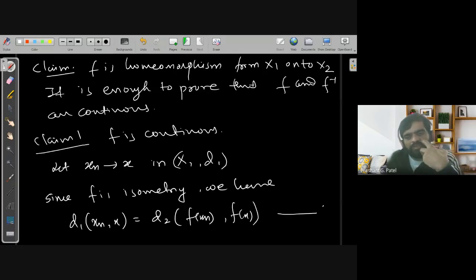This is statement 1, which tells you that if xn converges to x, the distance between xn and x tends to 0.